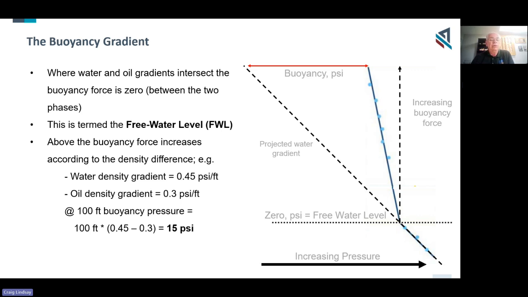So if we look at the example here, where we have a typical oil density of 0.3 psi per foot and a water density of 0.45 psi per foot, with a 100-foot column, you would have a 15 psi buoyancy pressure at the top of that 100-foot column: 0 at the bottom, 15 at the top, and obviously incremental between those limits.